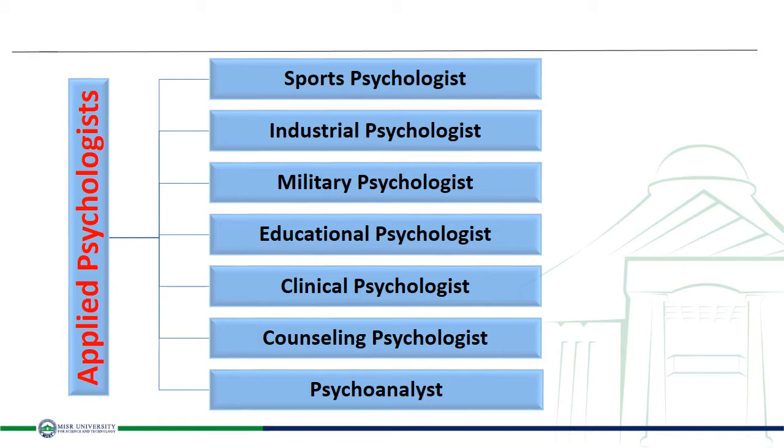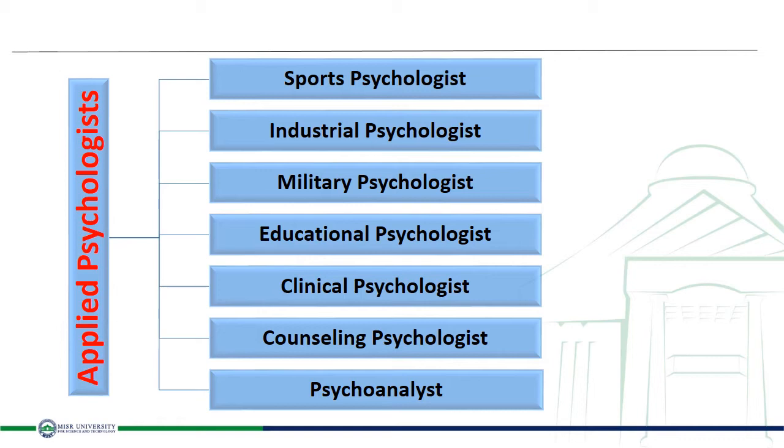As we said before, in the United States there is a very big difference between them. If you are doing research, in that case you are an educational psychologist. So according to them, an educational psychologist may be classified as a basic psychologist, not as an applied one.